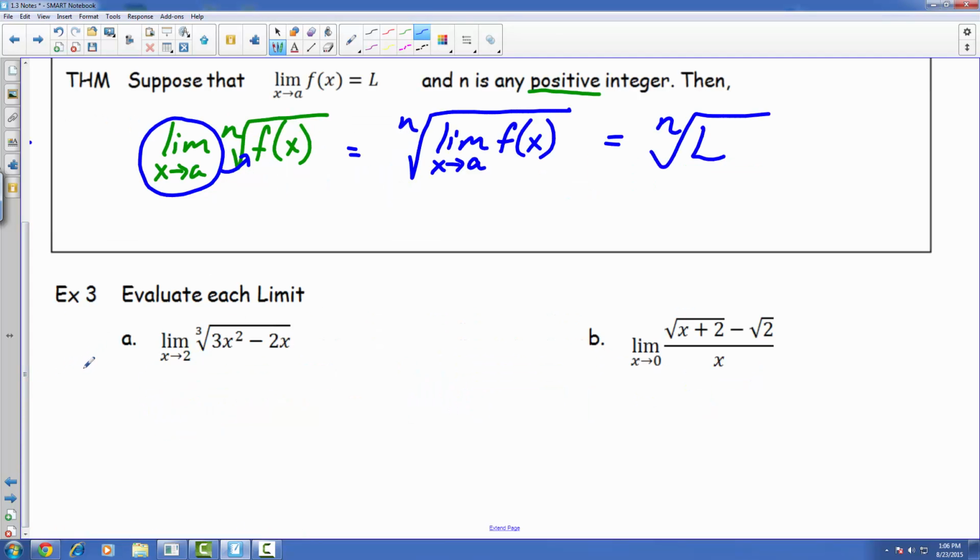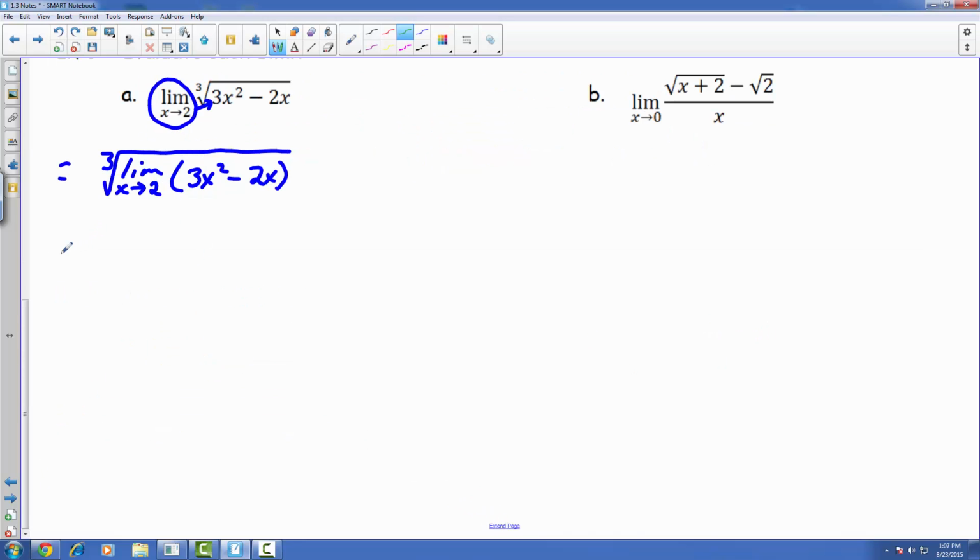Now, for example 3, how this is going to help us out is we don't really have to worry too much about this cube root. We can go ahead and use that theorem, and throw the limit inside. So when we do that, we end up with the cube root of the limit as x approaches 2 of 3x squared minus 2x, which simplifies.